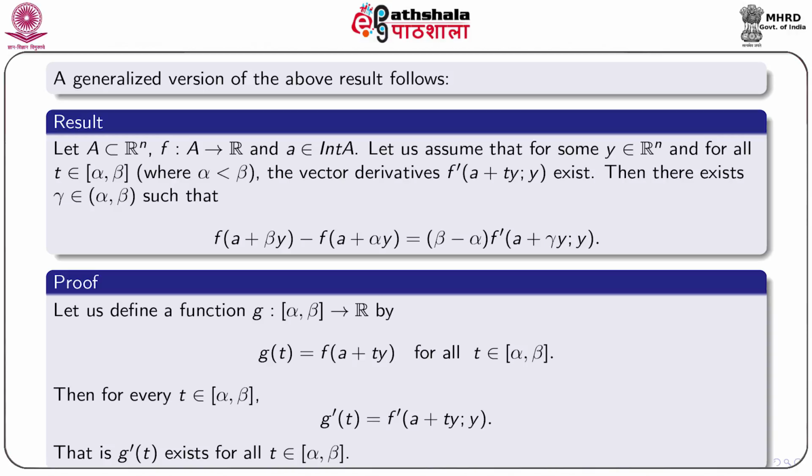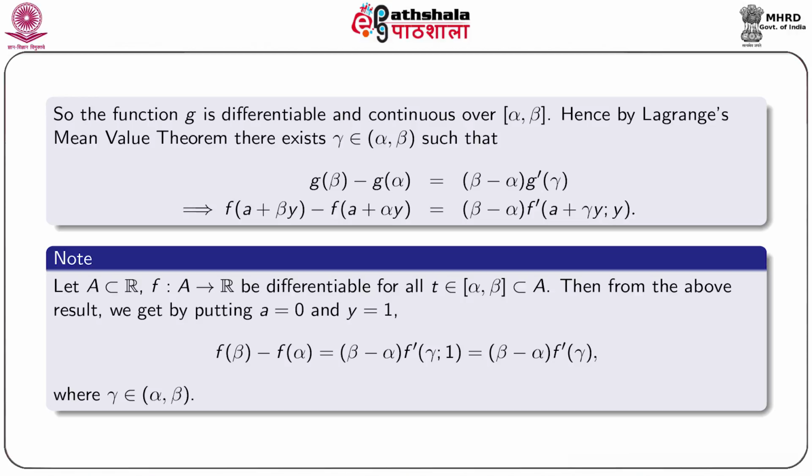Now, we know for every t belonging to alpha beta, we have g dash t equal to the vector derivative f dash a plus t y y. That is, for every t in the closed interval alpha beta, g dash t exists. Thus, the function g is differentiable and continuous over the bounded closed interval alpha beta, so that we can apply Lagrange's mean value theorem for this function for this particular interval.